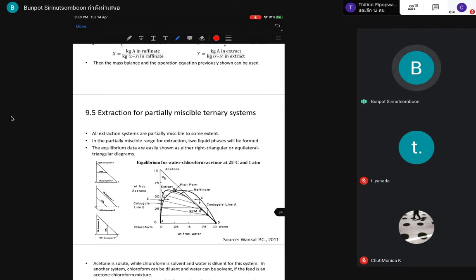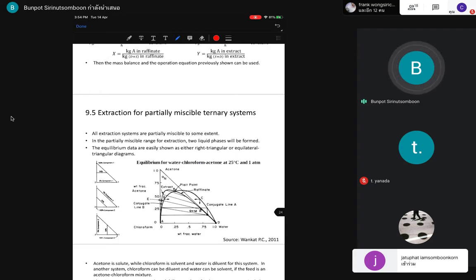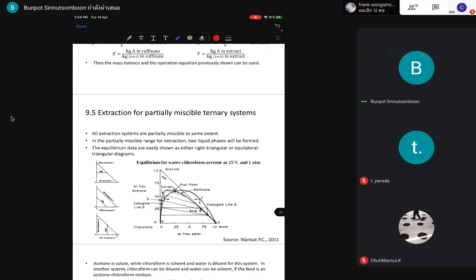But there's a system where sometimes the two liquids, the diluent and solvent, also mix with each other, and they mix with the solute. So basically, the three components mix with each other.